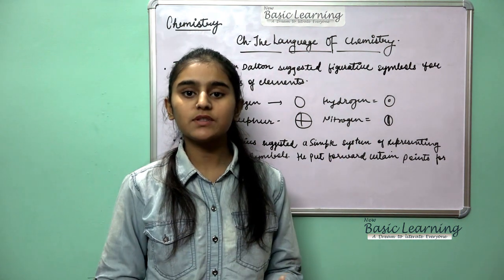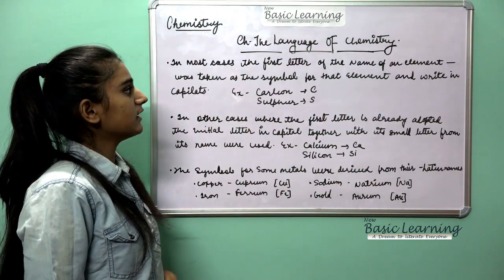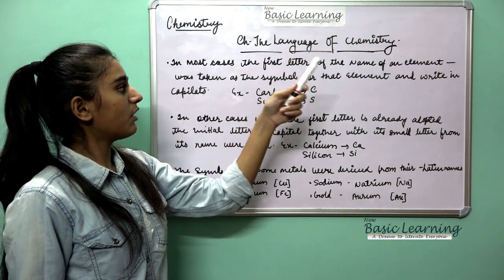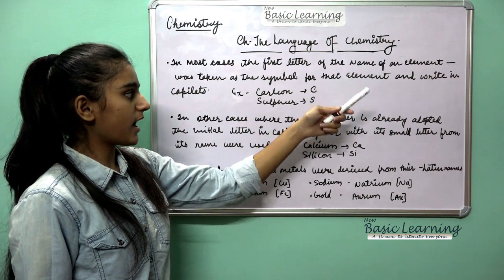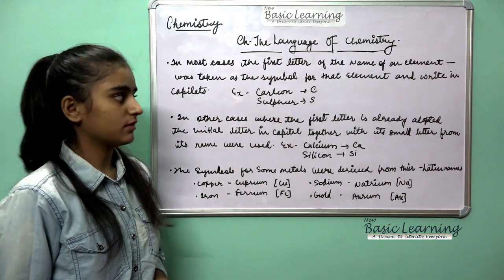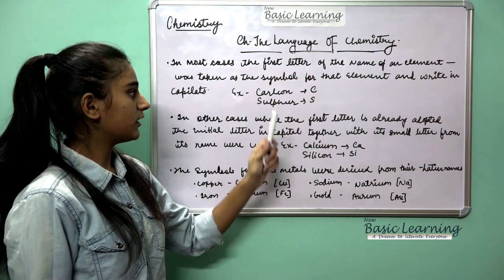The points which I am going to tell you are: in most cases, the first letter of the name of an element was taken as the symbol for that element and written in capital.